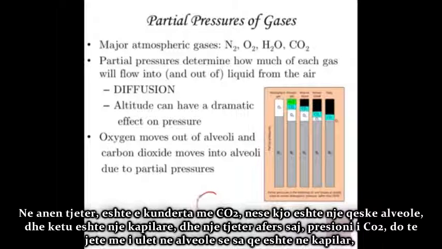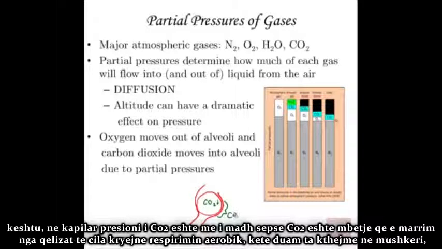If this is an alveolar bundle, and here's the capillary going right next to it, and here's another capillary going right next to it, CO2 pressure is going to be lower in the alveolus than it is in the capillary. So in the capillary, CO2 pressure is greater because CO2 is that waste product you get from the cells doing aerobic respiration.